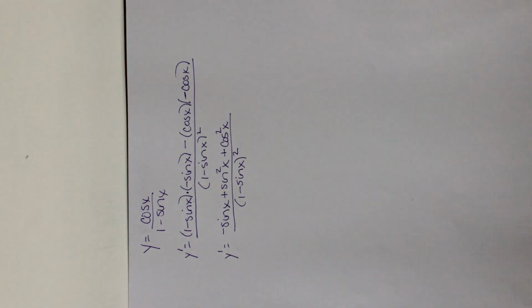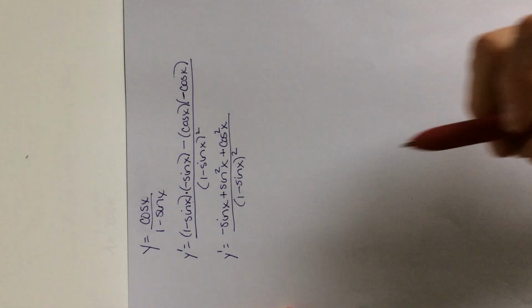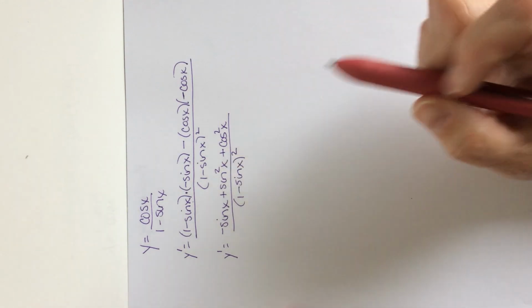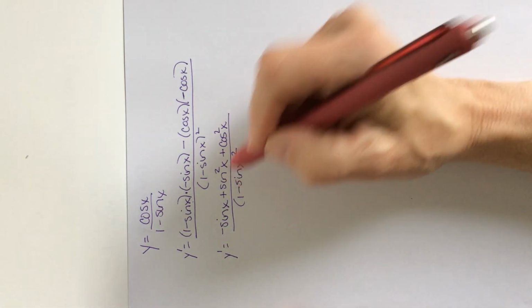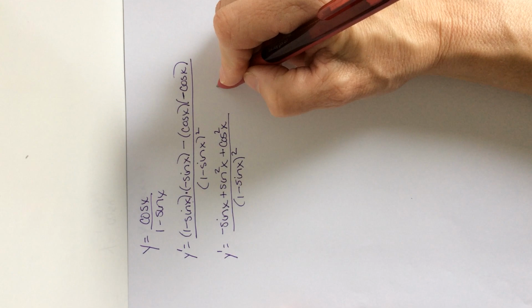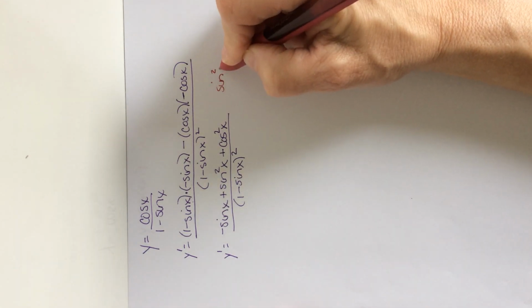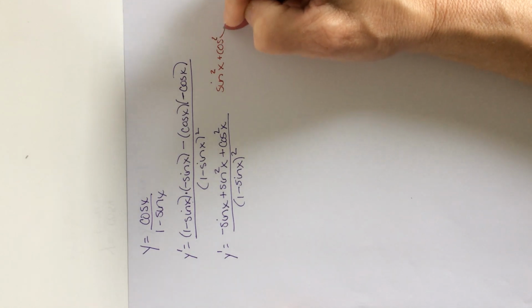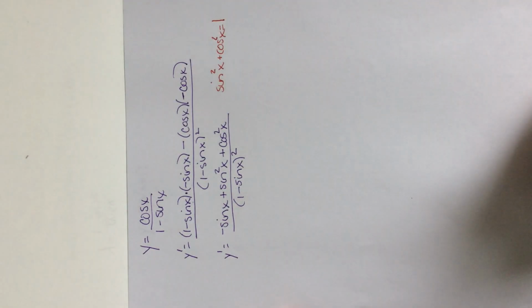Now, if we go back to pre-calculus, when we were working with trig functions, we worked with identities, and there was an identity that said sine squared x plus cosine squared x equals 1.